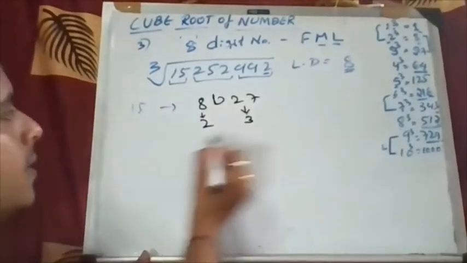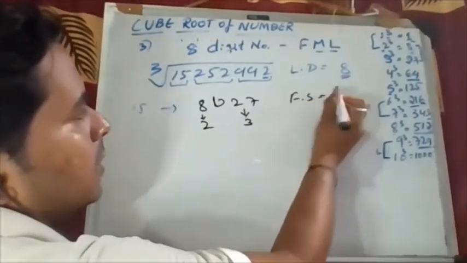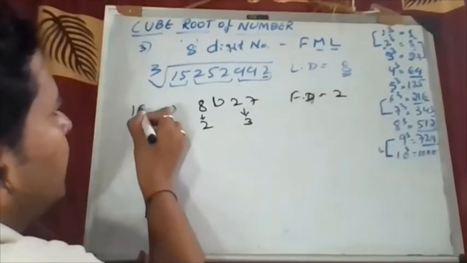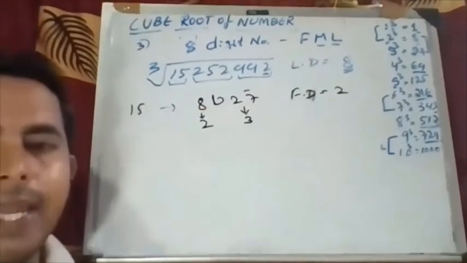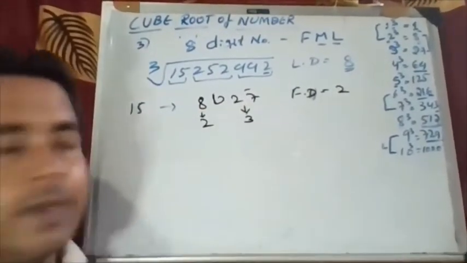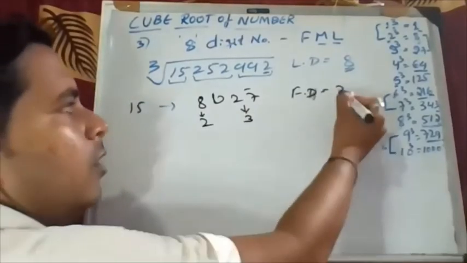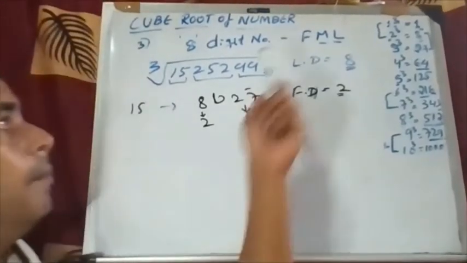So your first digit will be what now? First digit will be a 2, क्योंकि 15 will lie between 8 and 27. The smallest number is 8 and 8 का cube root value 2 है. For that, first digit will be a 2. Okay, first digit will be 2. Now what you have to do, you have to find the middle digit.